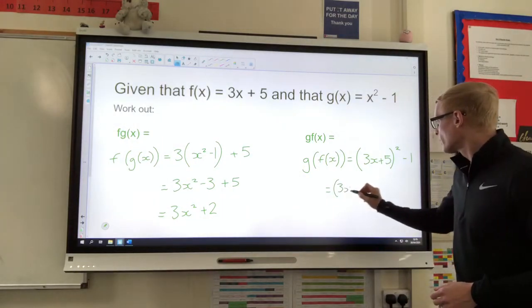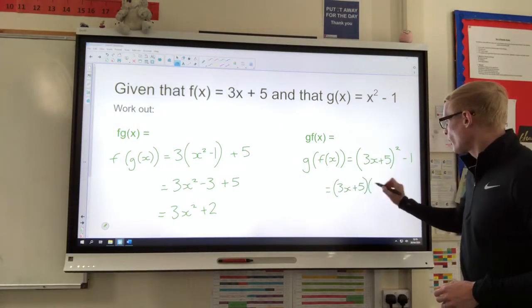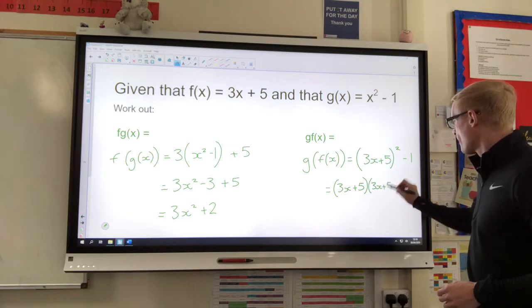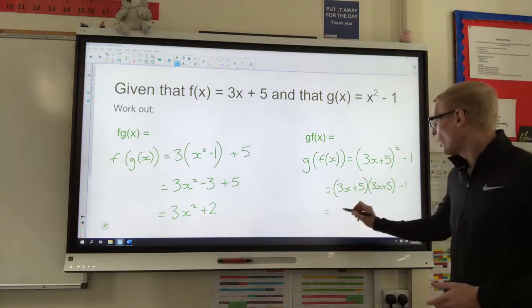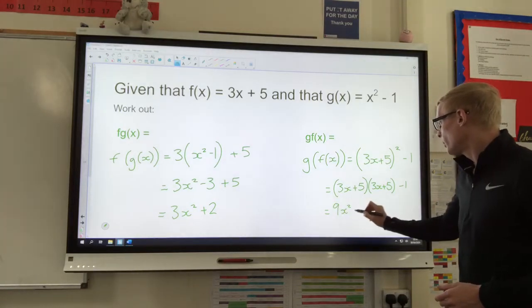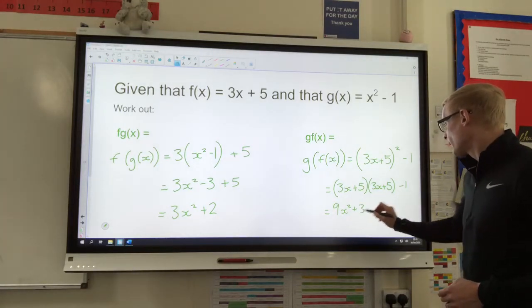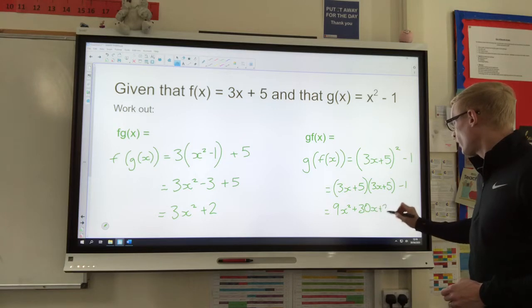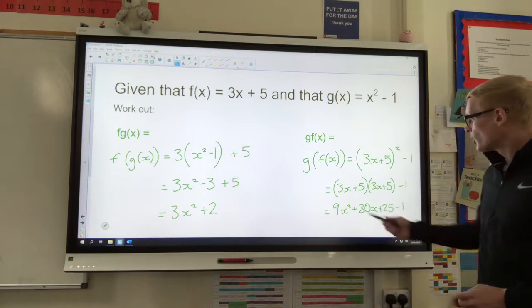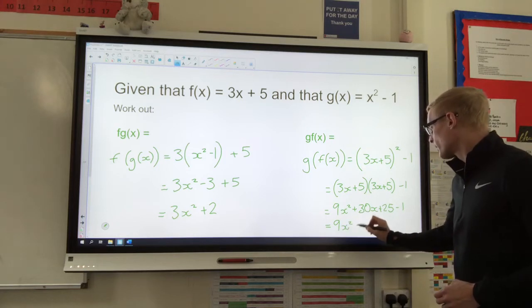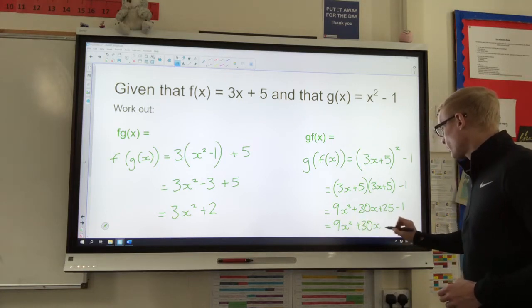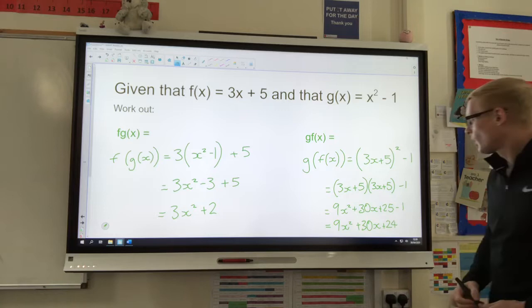So 3x plus 5, 3x plus 5. Expanding those as you would do normally. Now when you do that, you'll get 9x squared plus 30x plus 25, take away 1. So we just need to simplify that a little bit. So 9x squared plus 30x plus 24.